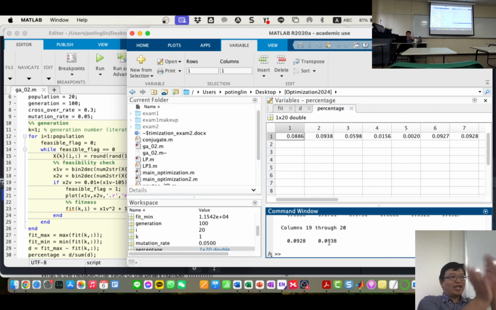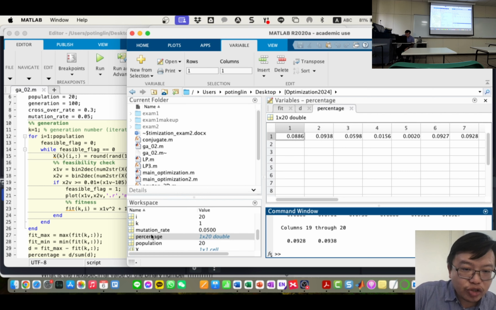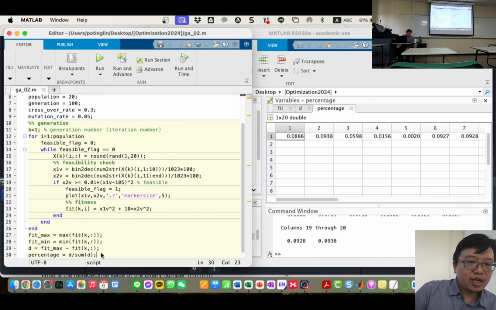Each chromosome occupies a percentage. I'm going to randomly select out of this percentage, and use this random process to pick and see if the best one is chosen. So what do we do? I think I should sort.